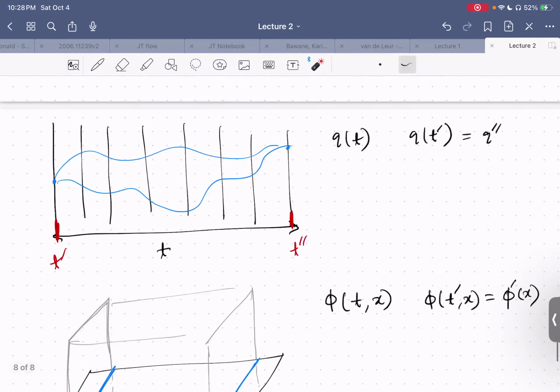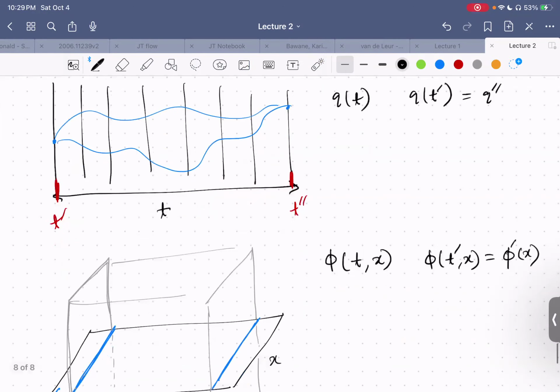So notice that we are still putting boundary conditions only on time, right? If you have a function of two variables and you fix one of the variables, what you have is still just a function of one variable. And the way that we are putting boundary conditions on this object is simply to say that at an initial time t prime, this function becomes a specific function of x.